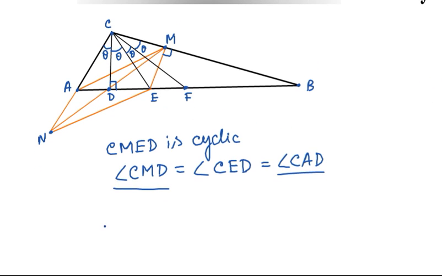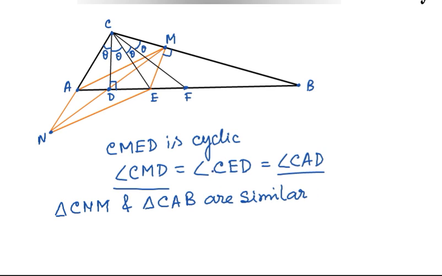So in the figure we see that triangle CNM and triangle CAB are similar triangles. They are similar because we have three angles equal.